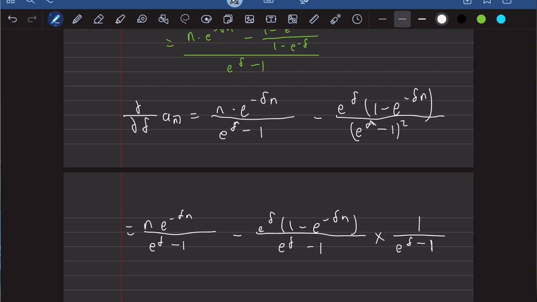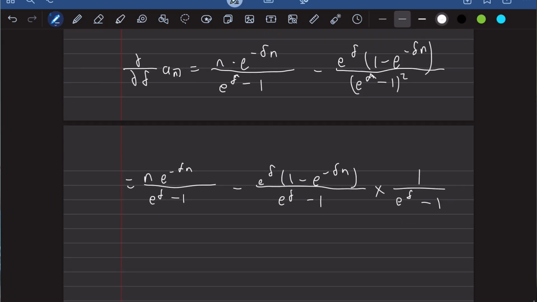Because this isn't in the exponent, this is down, let me write that nicely: e to the delta minus 1. And now from this bottom, I'm going to factor out an e to the delta. So this is going to become n times e to the negative delta n over e to the delta minus 1, minus e to the delta times 1 minus e to the negative delta n over e to the delta.